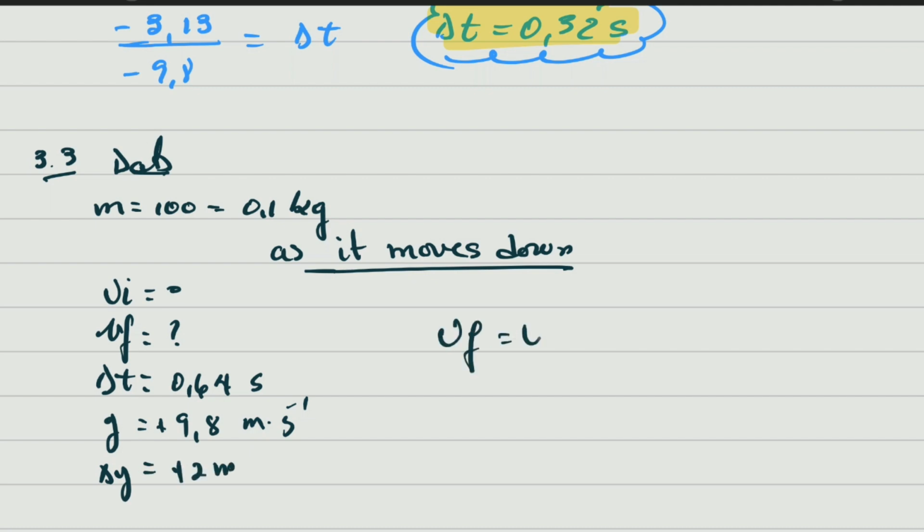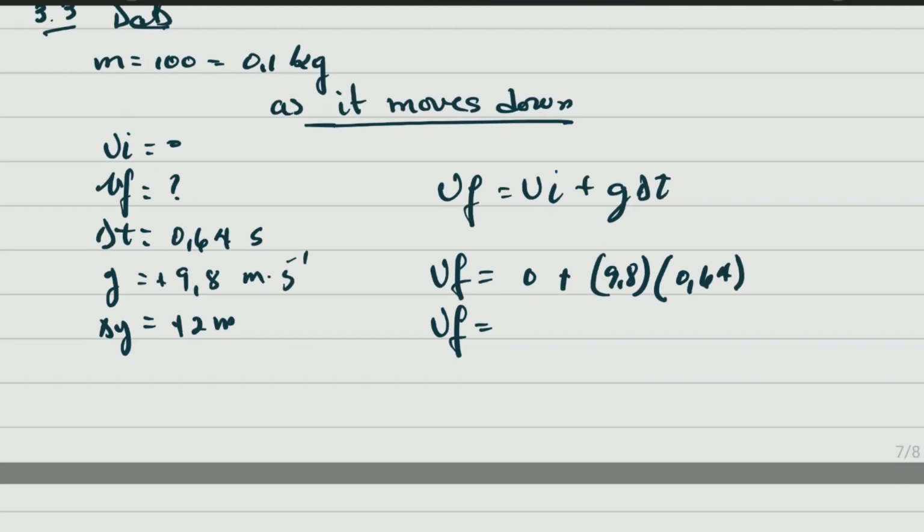Final velocity is equal to initial velocity plus acceleration multiplied by the time. Okay, and if we substitute here, I get this is equal to 6.272 meters per second. That is the velocity with which the ball reaches the ground.